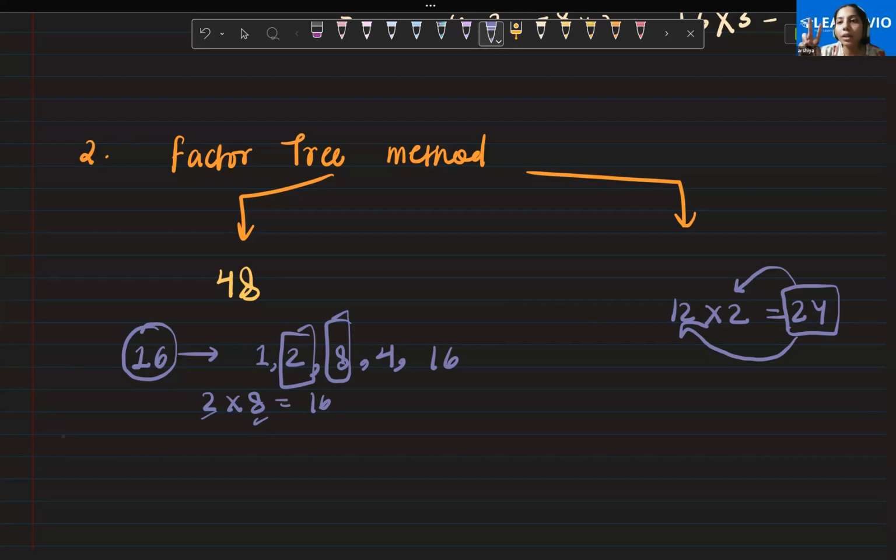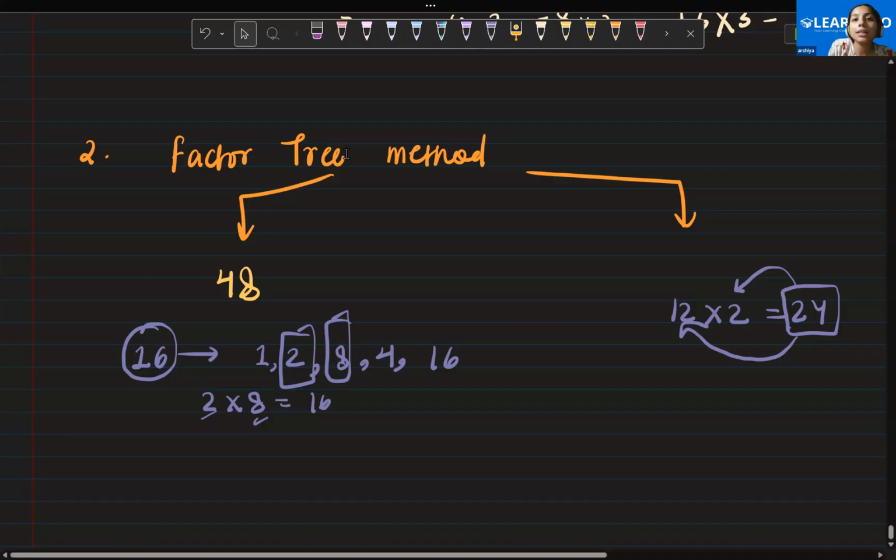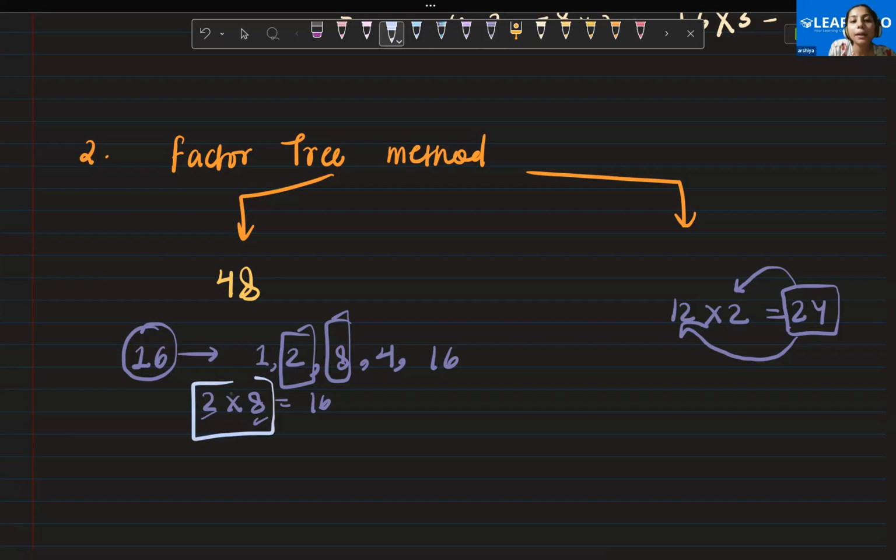Whenever we talk about pair, that means we are talking about two things. So here, 2 and 8 are the pairs, okay? Factor pairs. Why? Because both of them are the factors of 16 and they are in a pair. So 2 and 8 are the factor pairs for 16, okay?